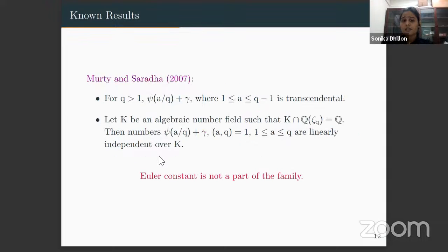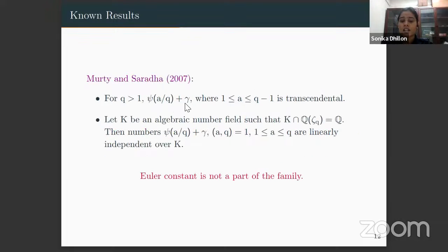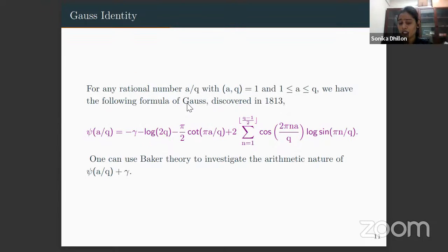In 2007, Murty and Saradha proved that psi of a by q plus gamma are transcendental in nature. In fact, there is one beautiful application of Baker's theory by Murty and Saradha in 2009, after this result. By using that application, one can directly say that these numbers are transcendental. That proposition says that if you take a log linear combination of algebraic numbers, then by Baker's theorem this sum is either 0 or transcendental.